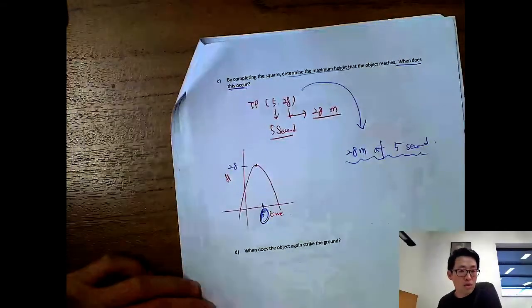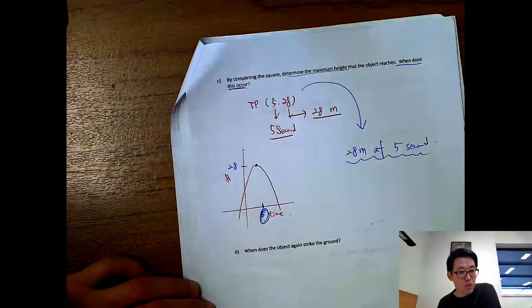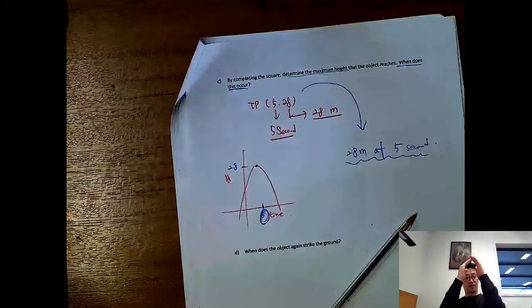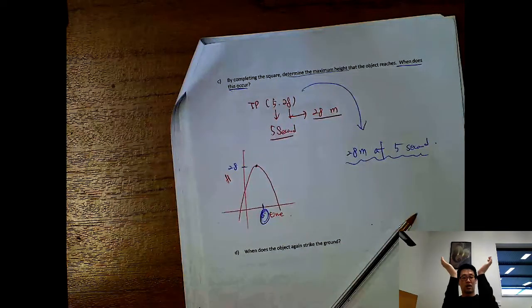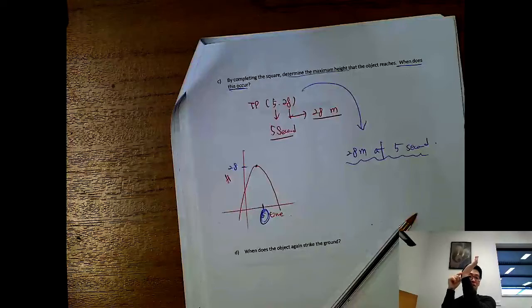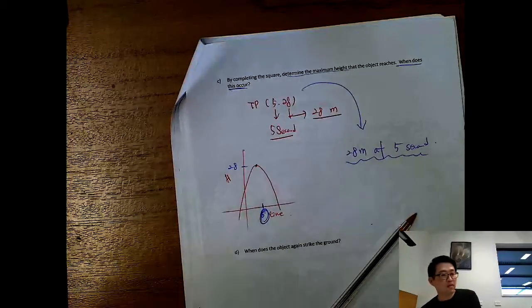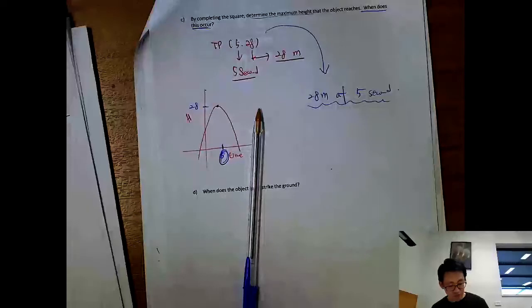When you have a question about maximum and minimum, they're asking you to interpret your turning points. When we have a parabola like that, we will have a maximum point. When we have a parabola like this, we have a minimum value at the turning point. Sounds okay? Okay, good. Move on.